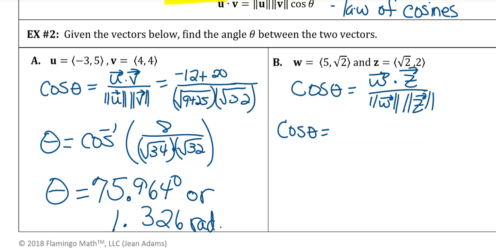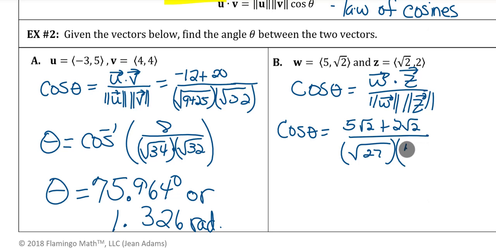If we do the first one, we get 5 times the square root of 2 plus 2 times the square root of 2, over, then we get 25 plus 2, so that's 27, and then we get 2 plus 4, so that's 6, under the square root. So theta is going to be the inverse cosine of that. I'll just simplify the top because it's pretty simple.